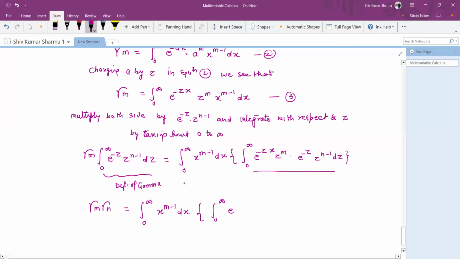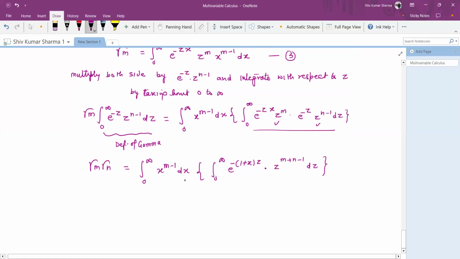So we can write it as e raised to the power minus (1 plus x) into z, and second, here we have z raised to the power m or z raised to the power n minus 1. So we write z raised to the power m plus n minus 1 into dz.